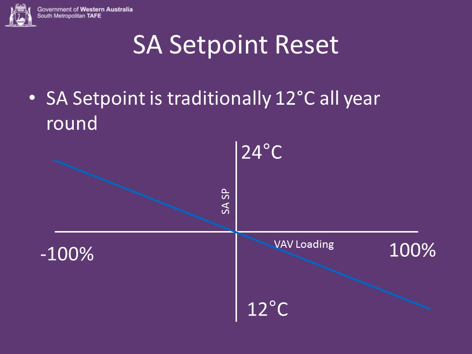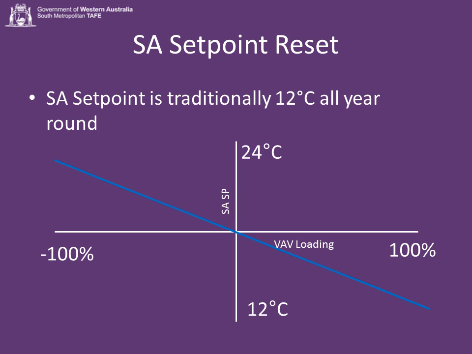Remember, we have computerized control systems nowadays, and these computerized control systems are all networked together. So the air handling unit controller can talk to the VAV controllers and ask, hey VAV, how's it going? What are you doing? Are you heating or are you cooling at the moment? And the VAV will respond and it will give a percentage loading.